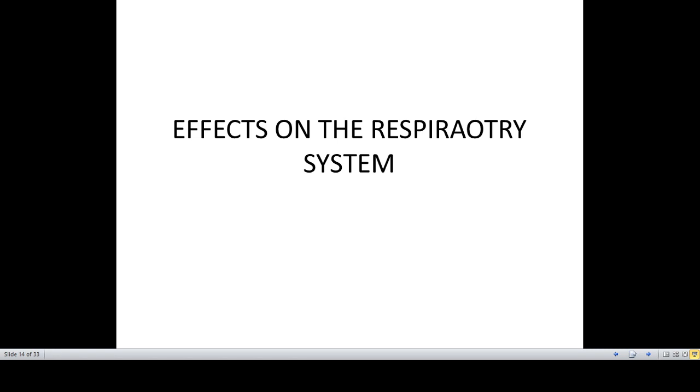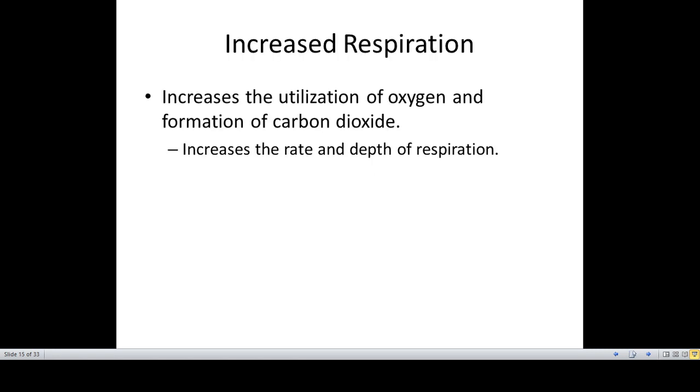Effects on the respiratory system: they increase respiration, which increases the utilization of oxygen and formation of carbon dioxide, and this leads to an increase in the rate and depth of respiration.